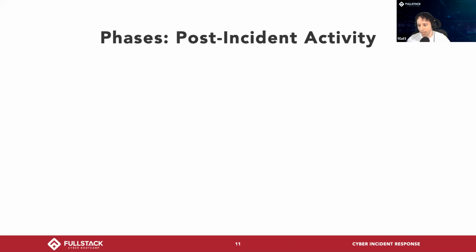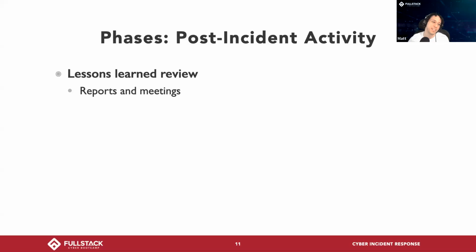And so now we're going to analyze the incident and see how we did. And generally, we're going to start with a lessons learned review. Sometimes these are called postmortems. And these are going to be filled with tons and tons of reports and meetings, tons of meetings. Okay.